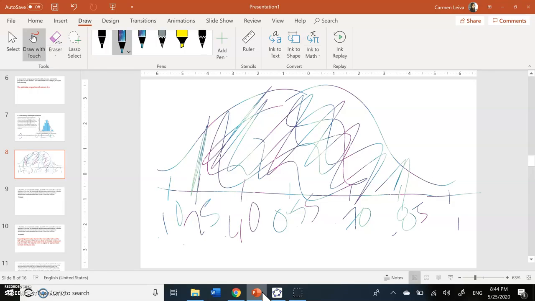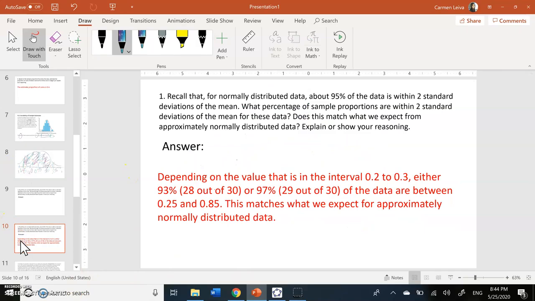That's still pretty good. That's within the range of 95%. So we can say probably 28 out of 30. And you already know that it will be 0.25 and 0.85 for the normal distribution chart. And that's about it.